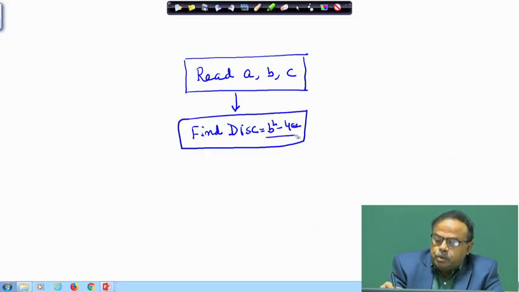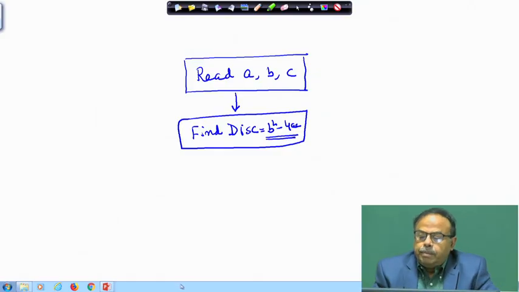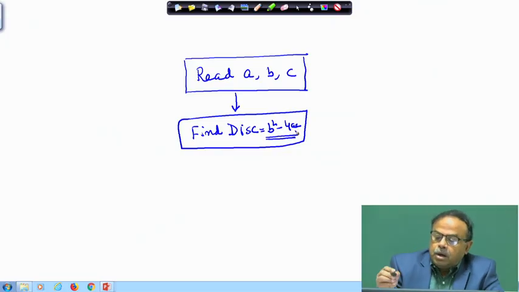I just compute this part, b square minus 4ac, because depending on this we will have the different values of the root.